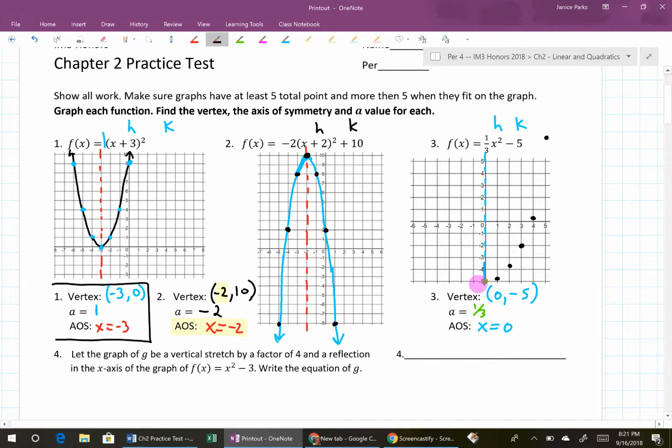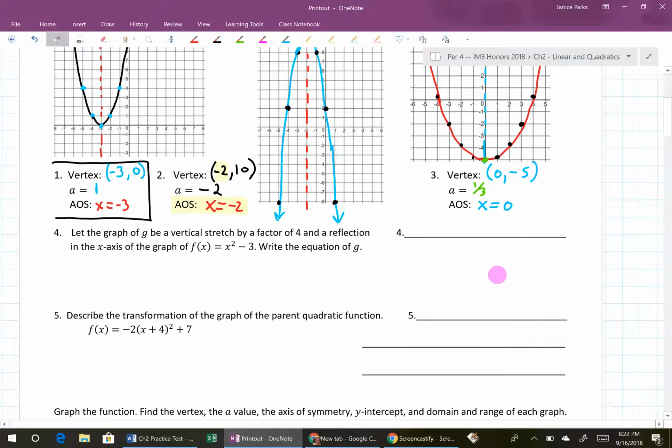It would be up here. So 1/3, 1 1/3, 3, 5 1/3, and then 12. So this graph looks like this. So those are the 3 graphs that are in vertex form.